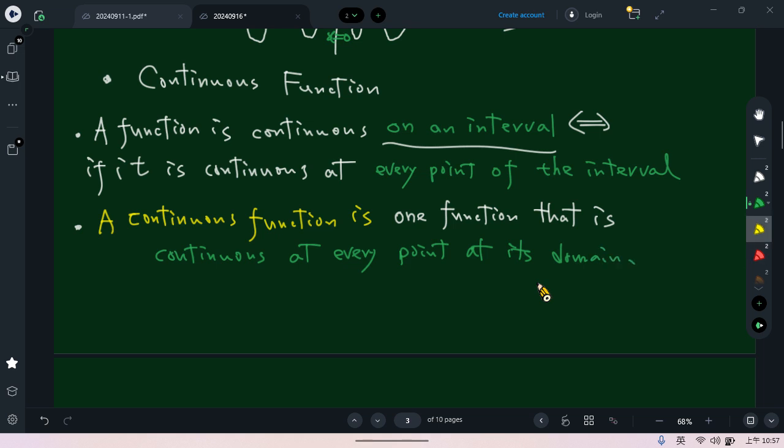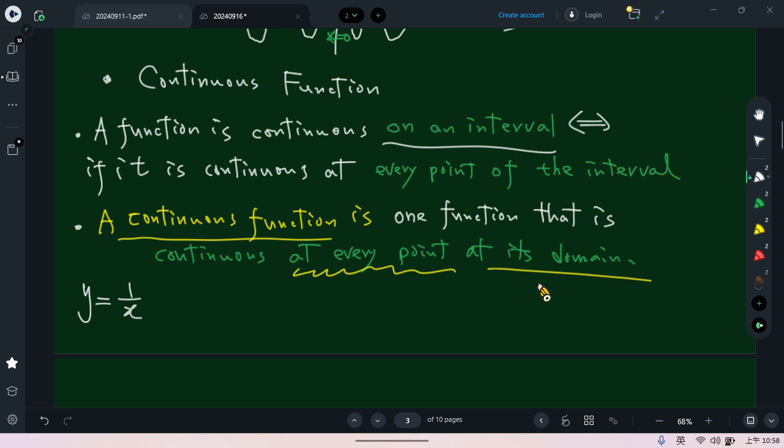So if we say the function is continuous, then we must make sure that the function is continuous at every point in its domain. So let me ask you, y is equal to 1 over x. Is it a continuous function?